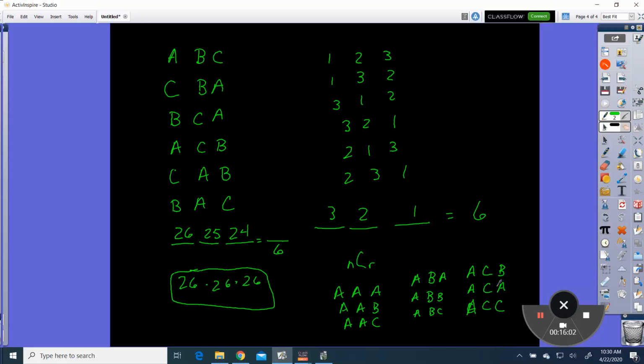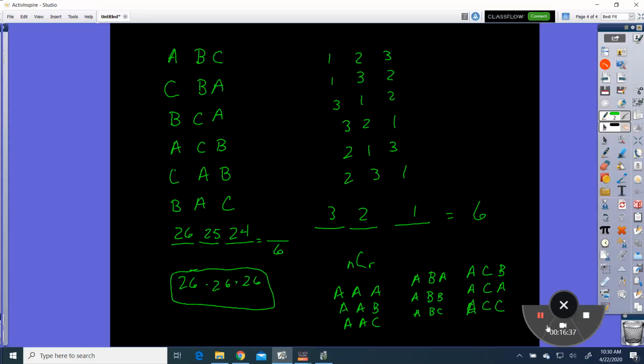Anyways, losing my voice, but this would just be with A being first. Then you could have all the B's first and all the C's first. And so realize that if we're talking about just how many different orders we can make out of this, we have to divide by a lot more to do it this way. If we're just talking about how many combinations of letters, but since we said words, we didn't have to do that. But that just gives you a thought of how this works out if we're doing a combination of different things.